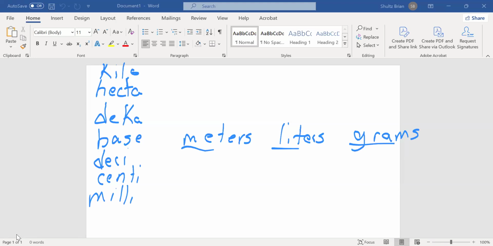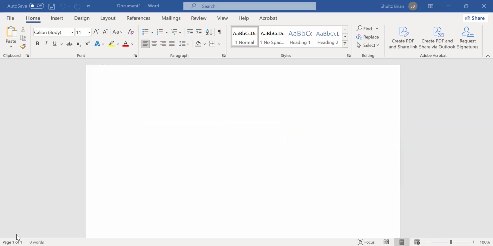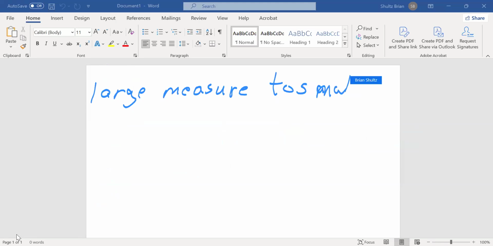But as I'm doing that, I want to pay attention. If I'm going to change from a large measure to small, multiply by 10.